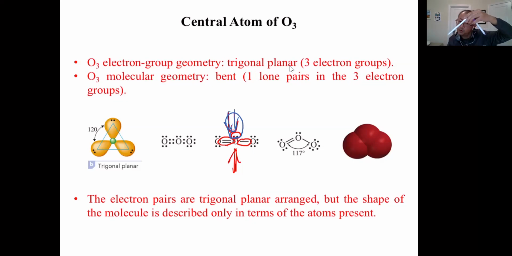So the geometry is bent. We call it bent geometry. You can see this is the model of ozone, and if you want to build a model of ozone very quickly, it looks like this.